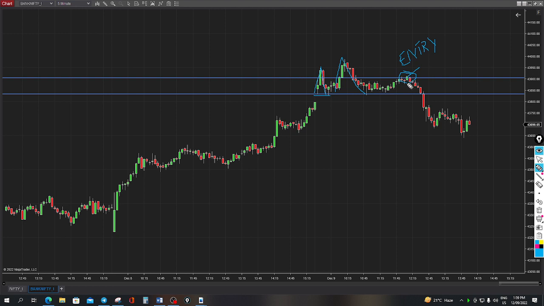When I took the entry, based on the order flow chart, this entry point is at 12:15 or 12:10.